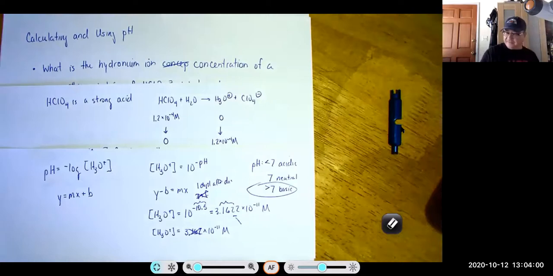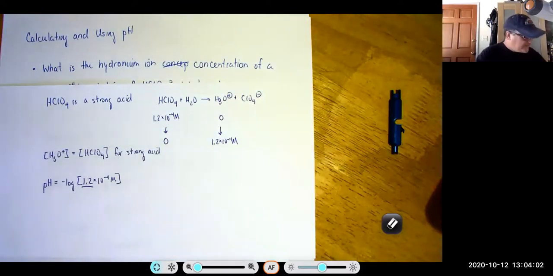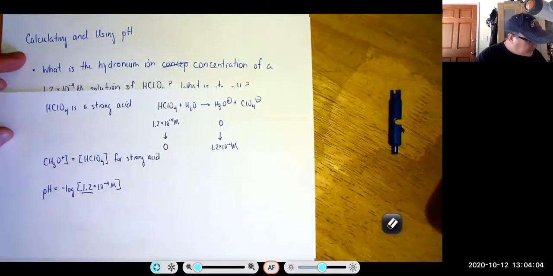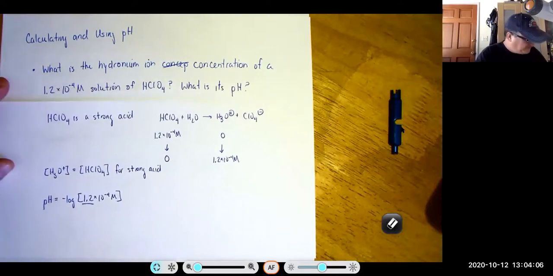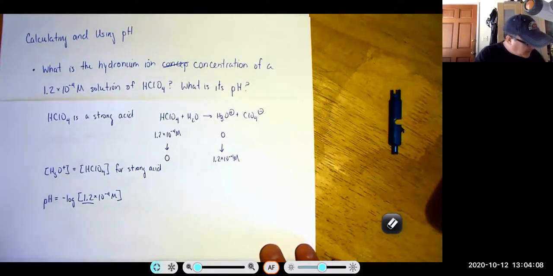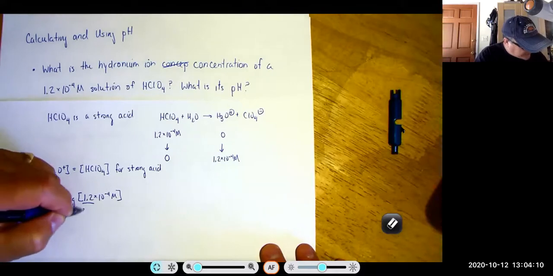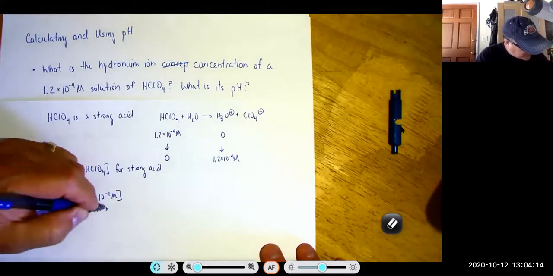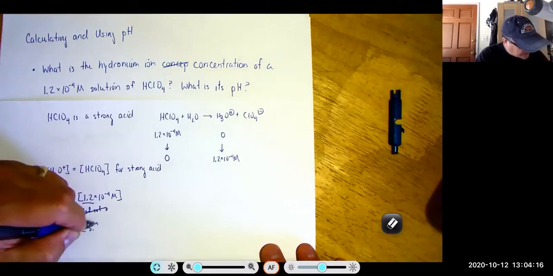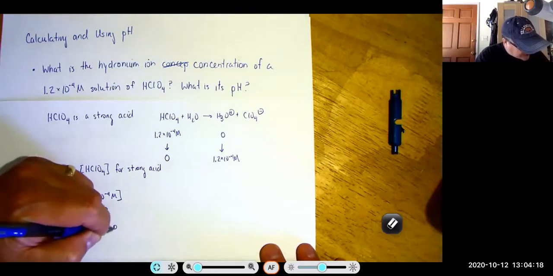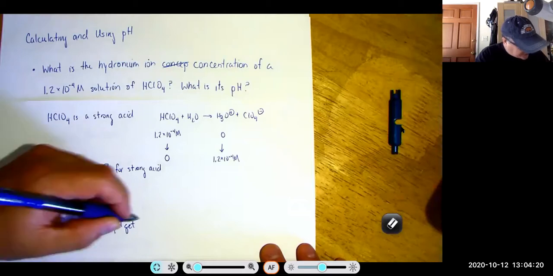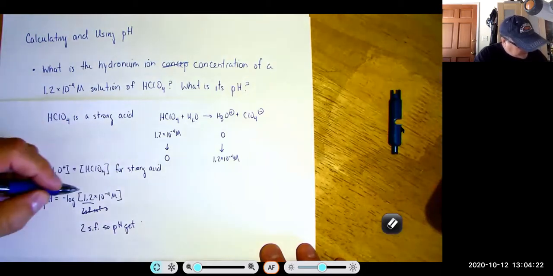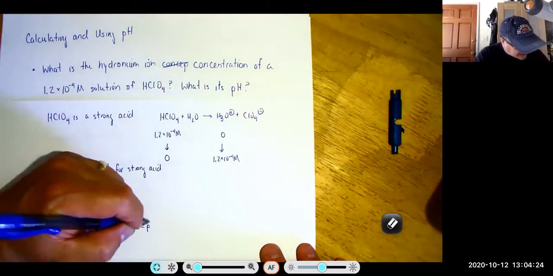That's the way it works. Clearly, I'm not good with the logarithm significant figures. Okay, so here this has 2 sig figs. So the pH, 2 sig figs. So the pH gets 2 places after the decimal.